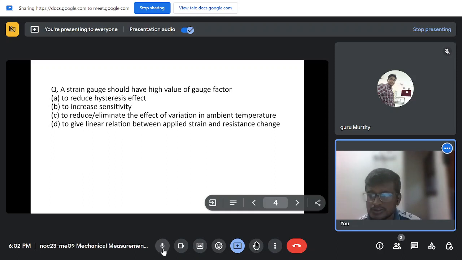Next, a strain gauge should have a high value of gauge factor. A. To reduce hysteresis effect, B. To increase sensitivity, C. To eliminate the effect of variation in ambient temperature, D. To give linear relation between applied strain and resistance change.